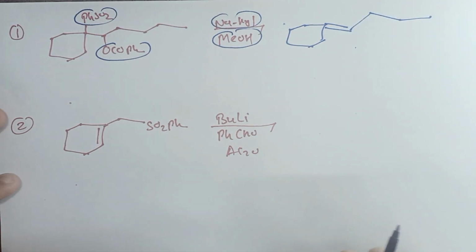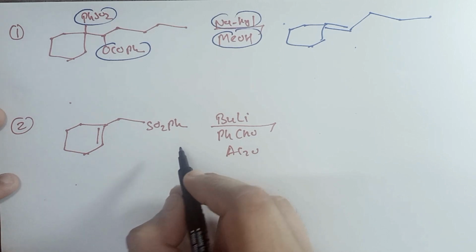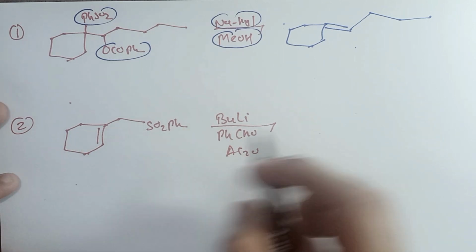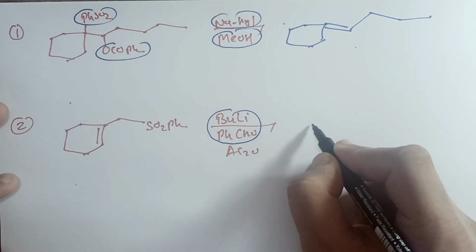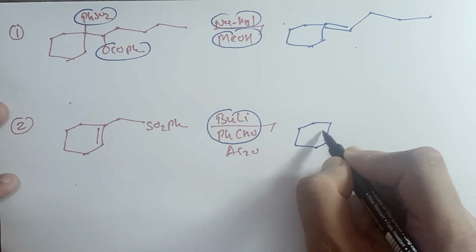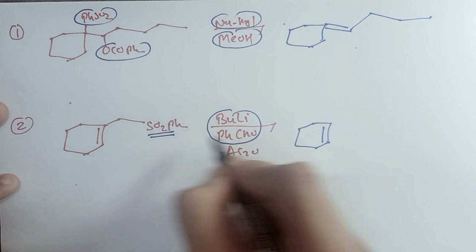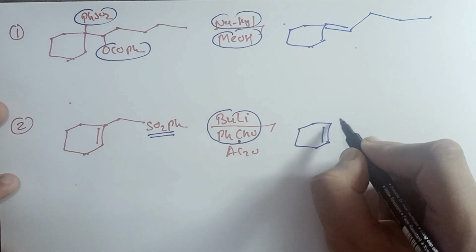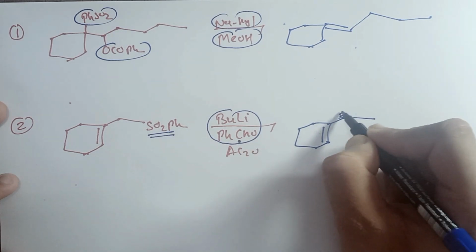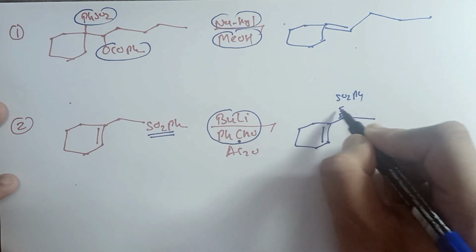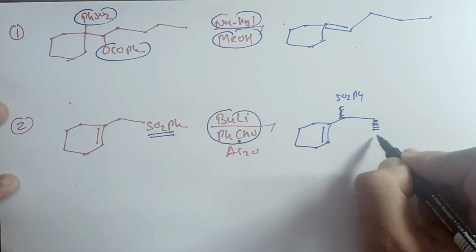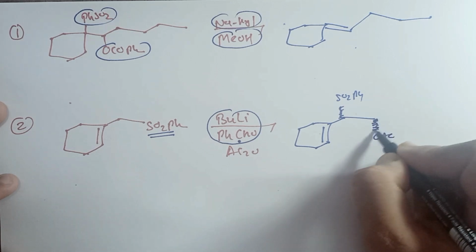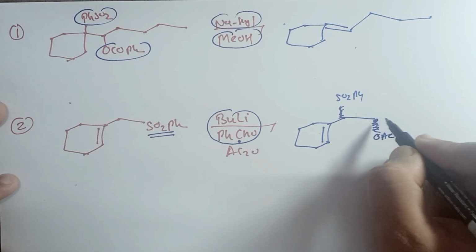Okay, so now in the second example, suppose you are having this type of molecule. When it is reacted with butyl lithium in presence of PhCHO, it will produce an intermediate like this. The carbanion next to SO2Ph will react with the PhCHO and produce this type of intermediate, with SO2Ph over here. Okay, when we do not know the stereochemistry of the SO2Ph as well as the OAc, we can write it this way.